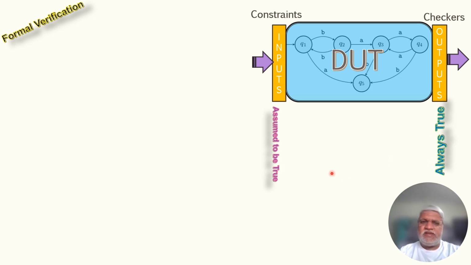When you give these constraints, checkers and RTL model to the formal tool, it will evaluate everything into mathematical equations, and then decide whether, based on the inputs coming, the checkers will be true or not. So it will flag whether the design is meeting the specification or not.